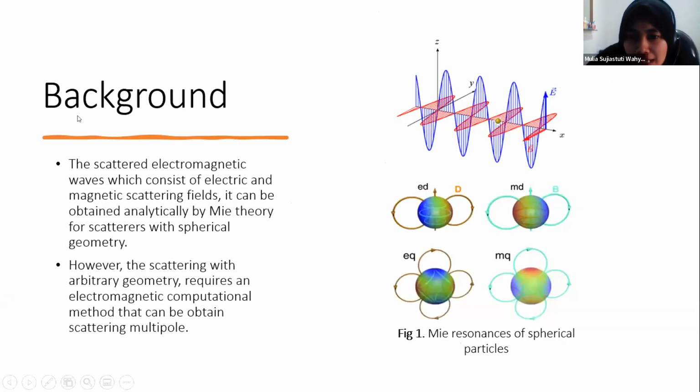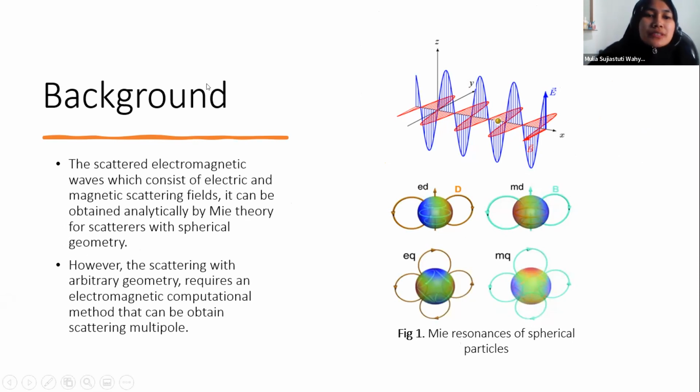Okay, when a scattering object is irradiated by an electromagnetic wave, a field wave and dipole radiation can be formed, and the wave will be scattered outward and absorbed into the object.